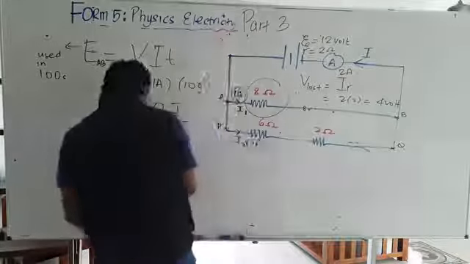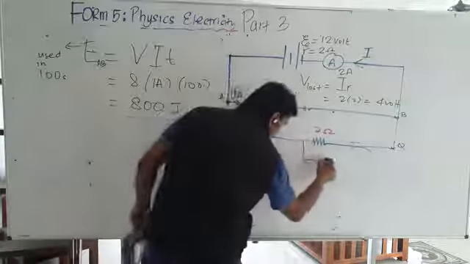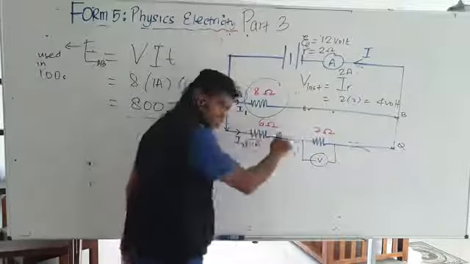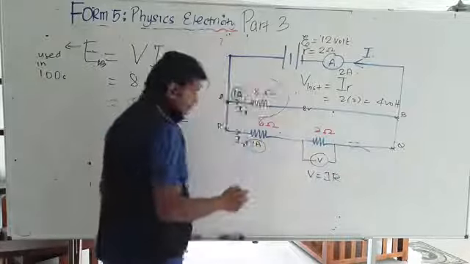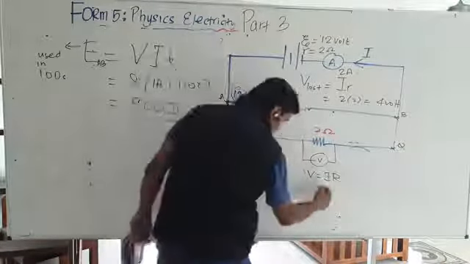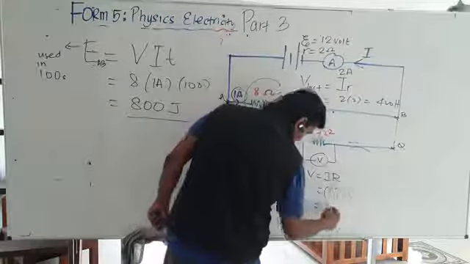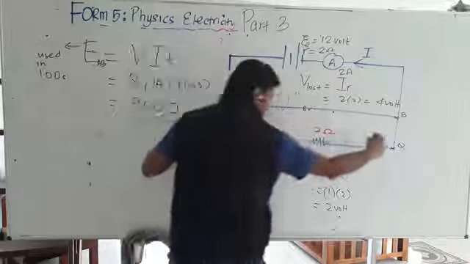So let's check. Current flowing here is 1. So if I put a voltmeter here, the current which is flowing is 1. So V equals IR. Current which is flowing here is 1. The R is 2, which means 2 volt is given here. But the whole thing is 8.